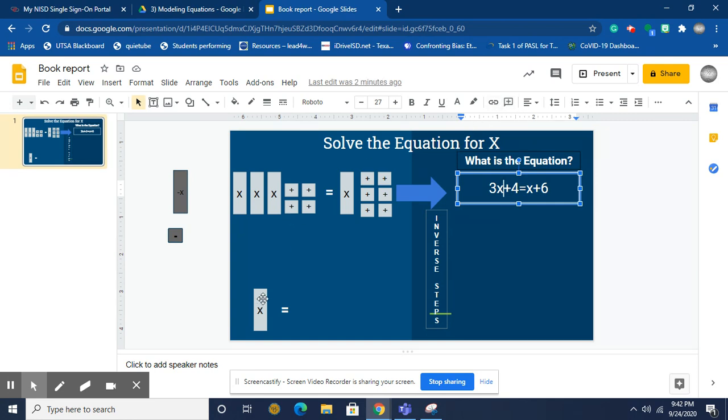So if I'm trying to get down to 1x here on the left, I need to get rid of these positive 4. To do that, we're going to make 0 pairs, right? We can't just get rid of something in math. We've got to do something mathematical to do that. So I need to make a 0 pair. In order to make a 0 pair, I need to take a negative and pair it with a positive.